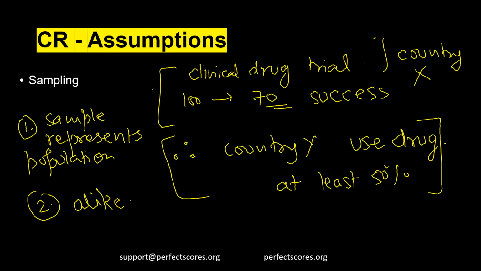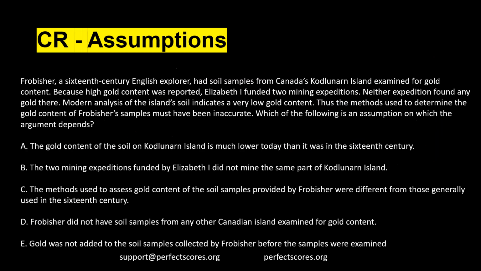And let's look at one question that uses sampling. Okay, so the question is again, which of the following is an assumption on which the argument depends? Let's read the argument together and then I'll give you time to solve it. Frobisher, an explorer, had soil samples from Canada's island examined for gold content.